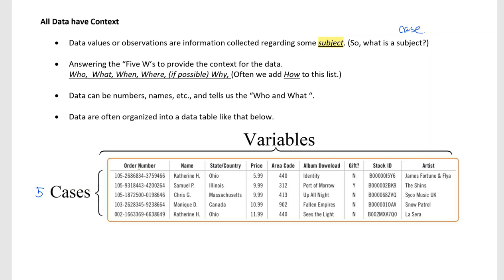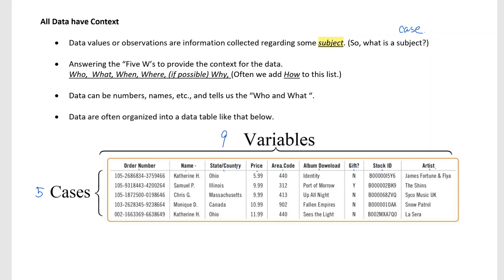We have the order number, the name of it, state of it, price of it, area code of it, the album download of it, whether it is a gift or not, stock ID of it, artist of it. So actually how many aspects, how many categories? One, two, three, four, five, six, seven, eight, nine. So we say this table has 9 variables. Got the idea? Okay.